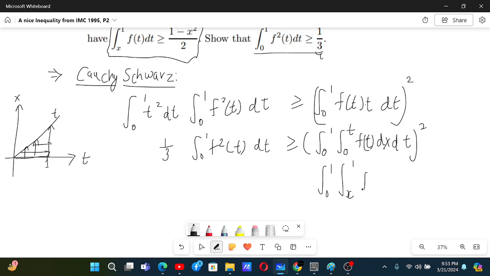So we have interchanged the limits. Now notice that this thing is just given here.